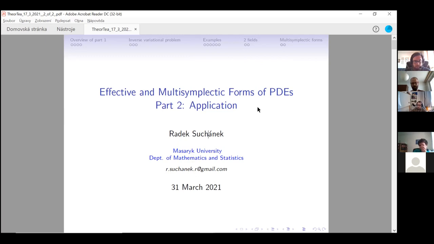So let's see. And at the very end, I will just show how multisymplectic forms can be derived from effective forms of given equations. And I will not go into the multisymplectic geometry itself, although it's quite interesting. But this is also something I'm not completely sure whether I could give really reasonable answers and a description of what is going on.